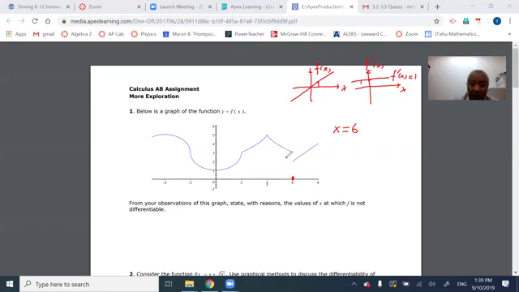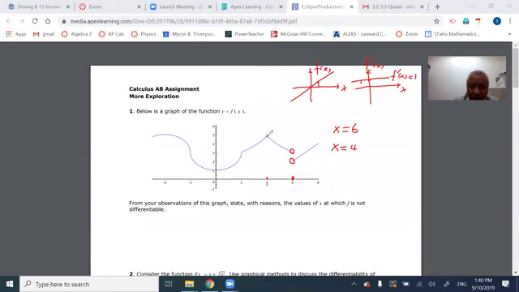And we can also find this point here. Here there is a sharp corner at 4. So x equals 4 is also not differentiable, because we call this a sharp corner. Why is a sharp corner not differentiable? Think about it this way.